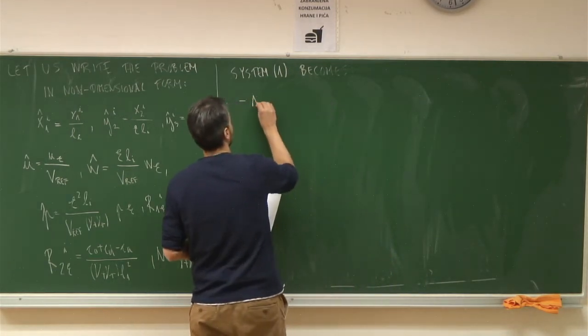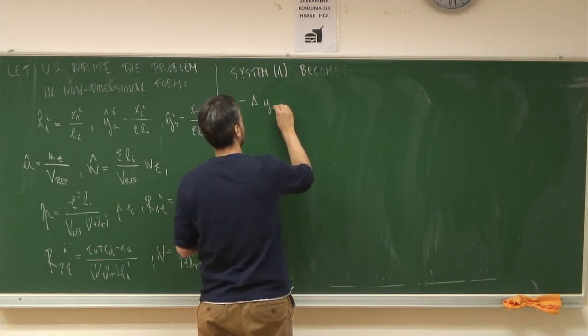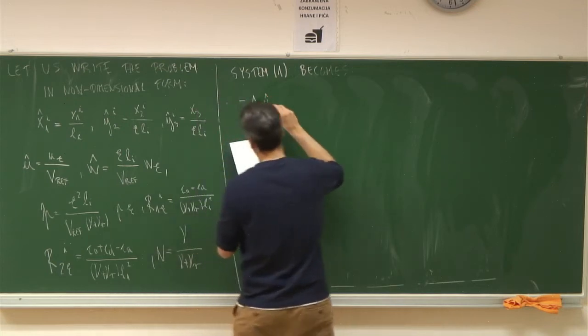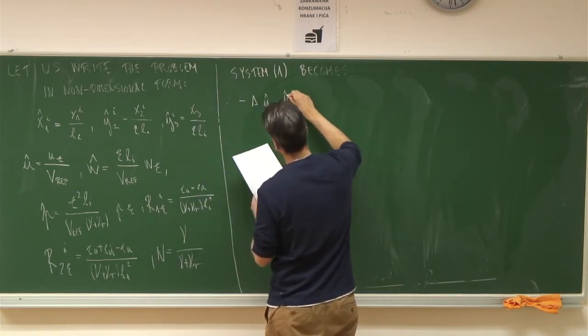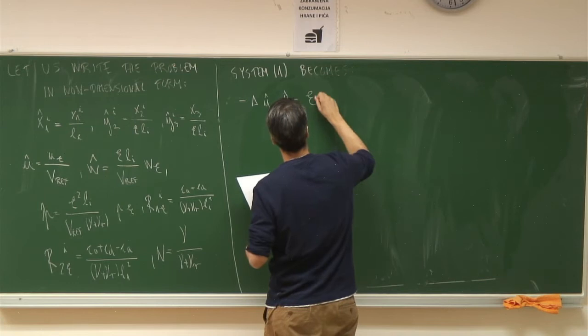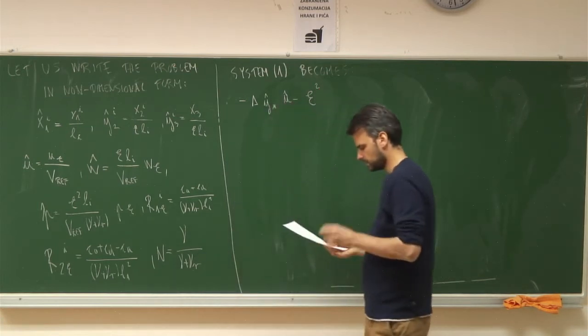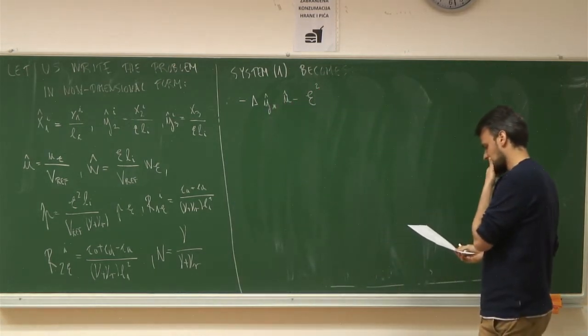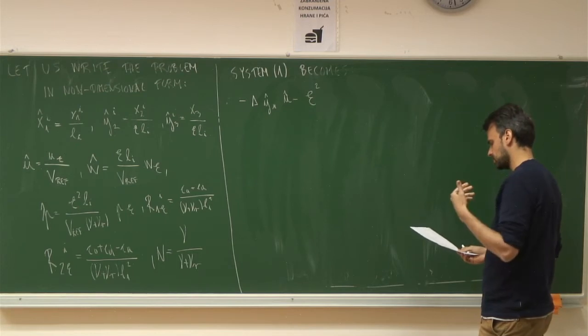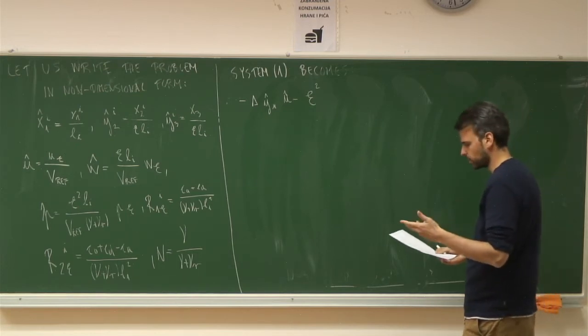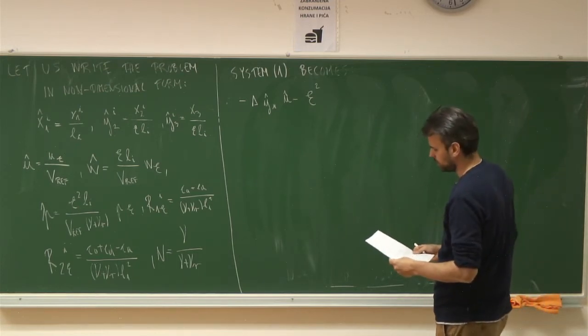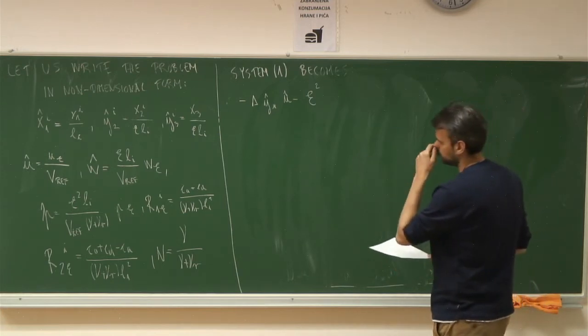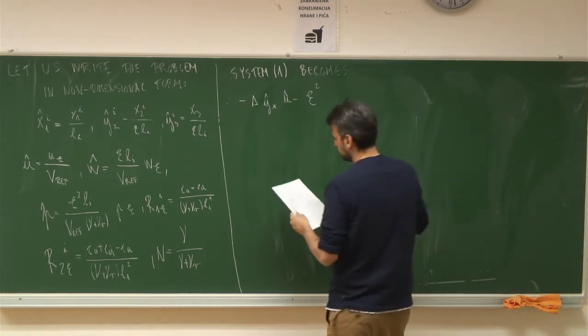So minus Laplace y kappa u kappa minus epsilon squared. Here, a lot has been done already with the system. It's multiplied by epsilon squared and with the respective constants that appear in front when you do the change of variables.